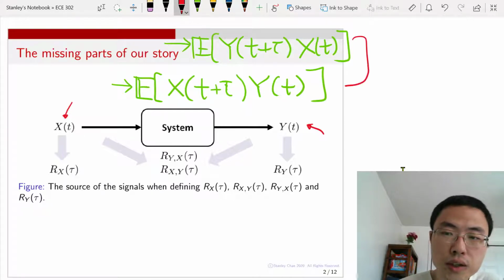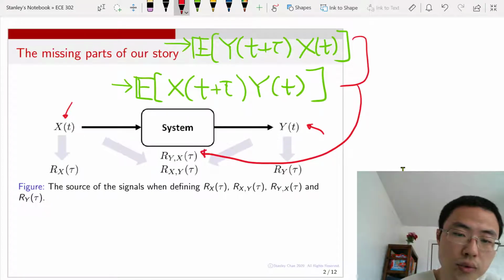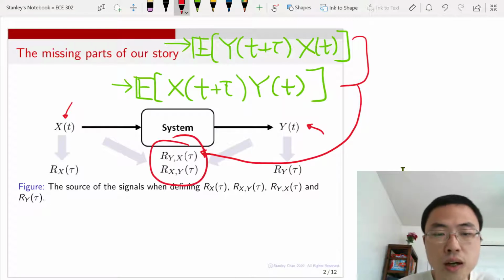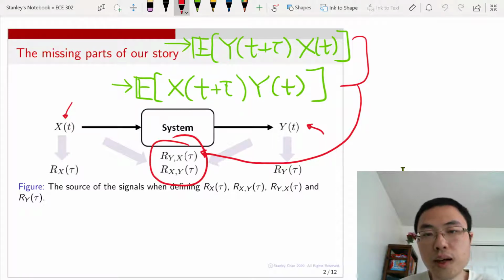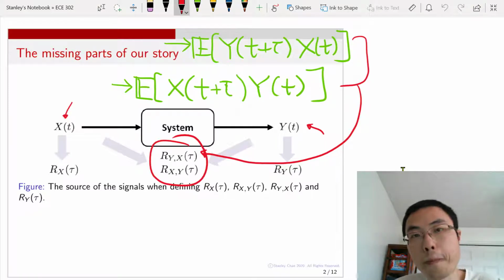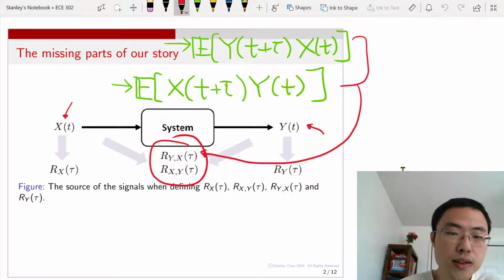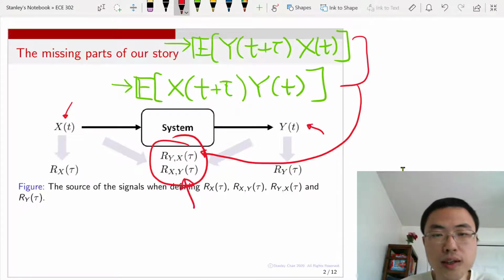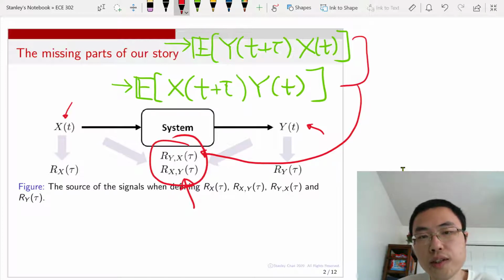These two quantities lead to what I'm calling Ryx and Rxy, with a time gap of tau between the two. Today's lecture will mainly focus on the thing in the middle, which is the cross correlation function between the two processes as x goes through the LTI system.